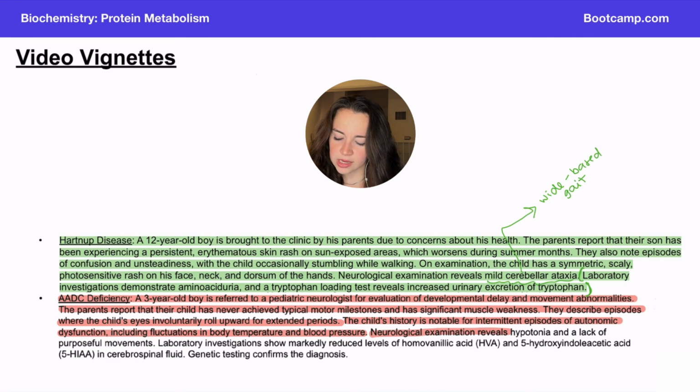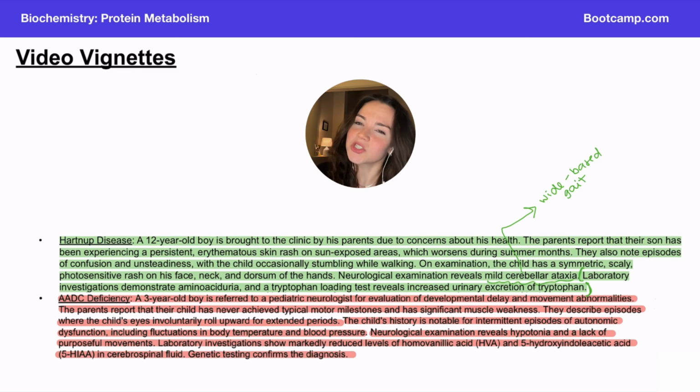Neurologic exam is revealing hypotonia and a lack of purposeful movements. Laboratory investigations are showing markedly reduced levels of homovanillic acid and 5-hydroxyindole acetic acid, or 5-HIAA, in cerebrospinal fluid. Genetic testing is confirming the diagnosis. So I did make it a little tricky here.